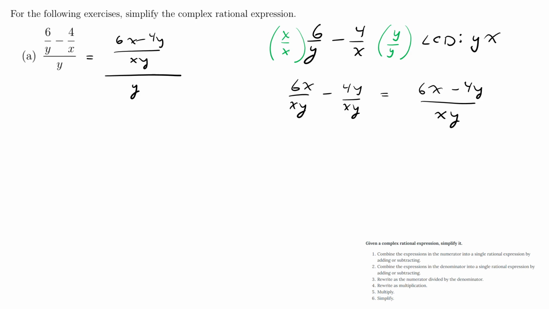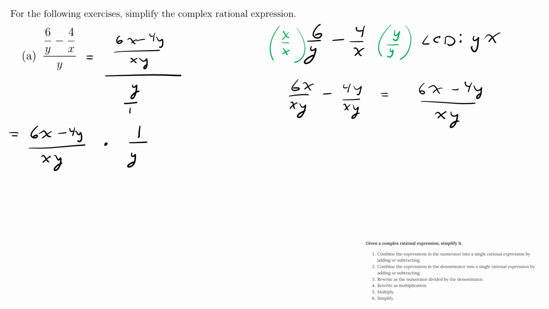So we simplified the numerator. The denominator doesn't need to be simplified any further. Now we're going to rewrite this as multiplication, right? So we flip and multiply. Remember that this y in the denominator, I can technically write as y over 1, right? So when I flip and multiply, it's going to be 6x minus 4y divided by xy times 1 over y.